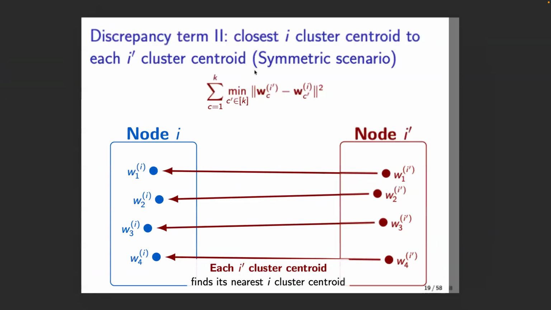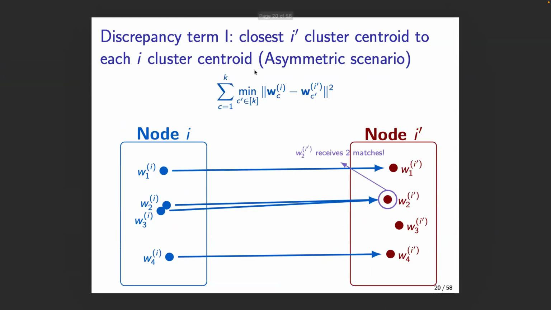But what happens in a situation like this asymmetric scenario, in which, for example, W2 and W3 are very close to each other, so their closest one in node i prime is still W2 i prime. In this case, if we had just this first term in the discrepancy, we would have a low score and we would be content with the result.